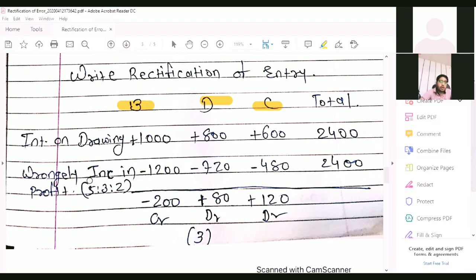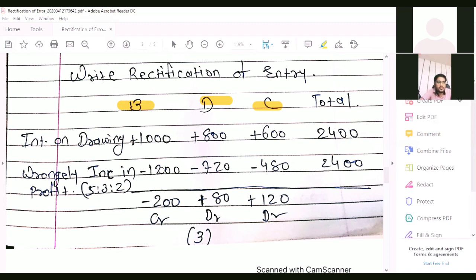So it is wrongly included in profit, I would say. Actually, it is not included, right? So it is wrong amount. So this 2,400 is the wrong amount, right? So this 2,400 wrong amount should be deducted as per our previous sum in the ratio of 5:3:2.